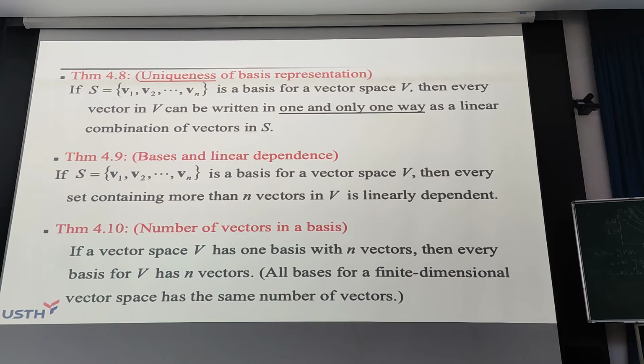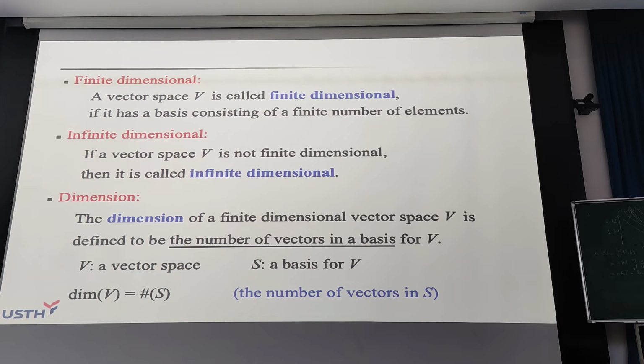Or in other words, all bases of the same vector space always have the same number of vectors. And that number of vectors will be called the dimension. Here we define the dimension of a vector space V. We have two different notions. The first one, if the vector space V has a basis consisting of a finite number of elements, then V will be called a finite dimensional vector space.